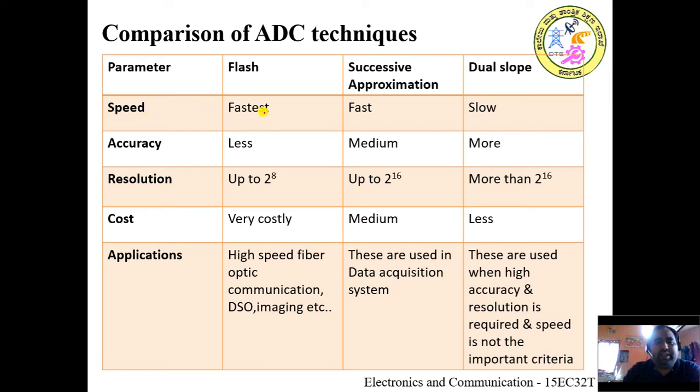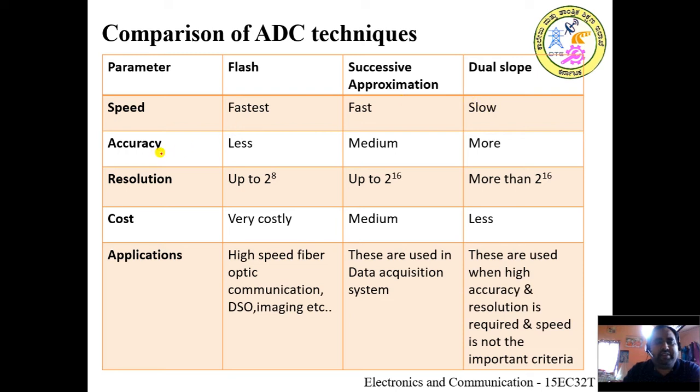The flash type of ADC is the fastest among all. It needs a very low conversion time, so that's why it is the fastest in operation. Whereas the successive approximation type of ADC is fast, but it is not as fast as flash type of ADC. Whereas the dual slope type of ADC is the slowest among the three.